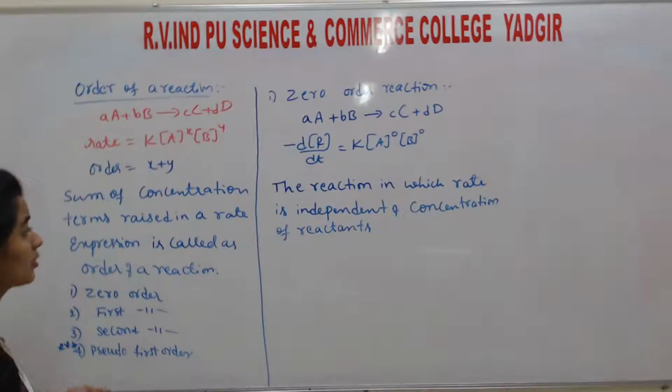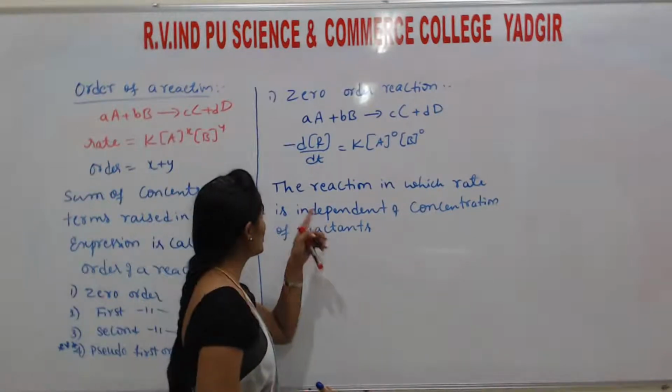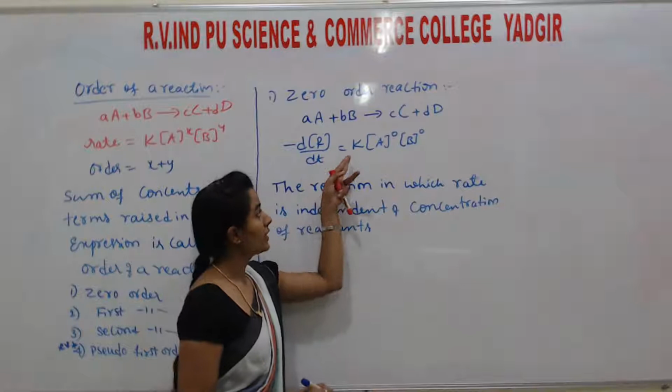Correct? So what is the zero order reaction? The reaction in which rate, dR by dt, is independent of what?